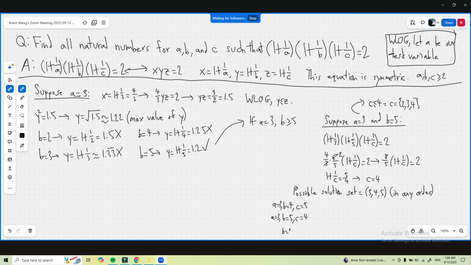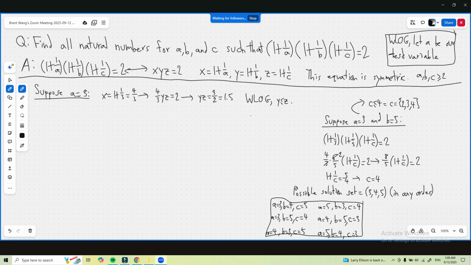If B was to equal 3, then A can equal 4 and C can equal 5. Also A equals 4, B equals 5, and the last solution is A equals 5, B equals 4, and C equals 3. These are the 6 solutions.